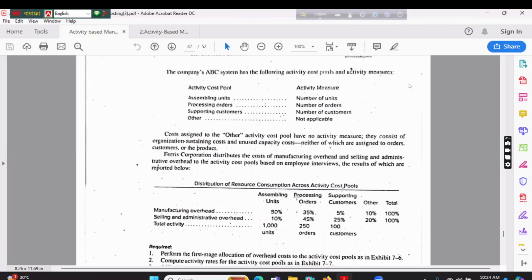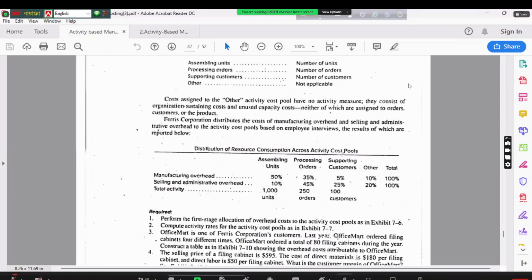We'll apply only this cost. That means assembly unit related cost, processing order related cost, supporting customer related cost. Total activity: assembly 1000 units, processing 250 orders, supporting 100 customers.